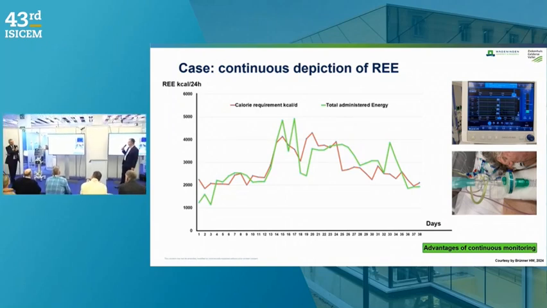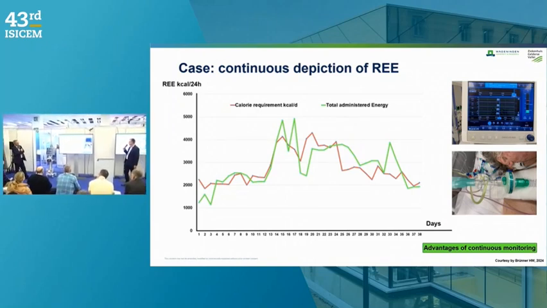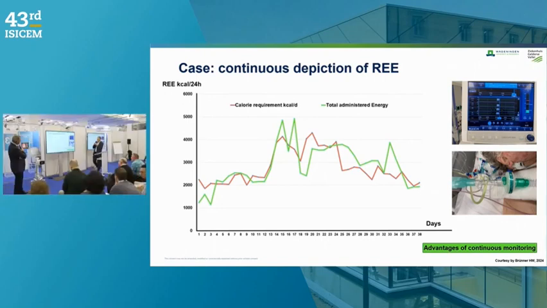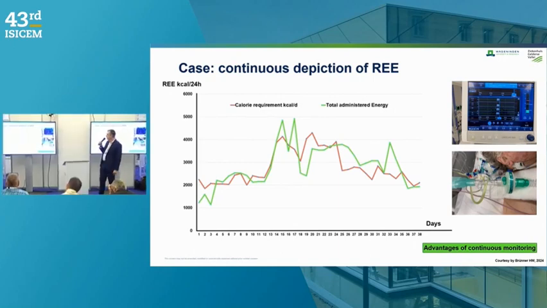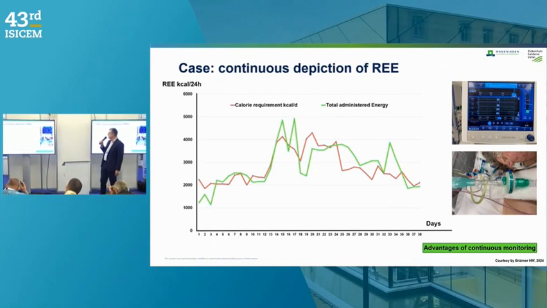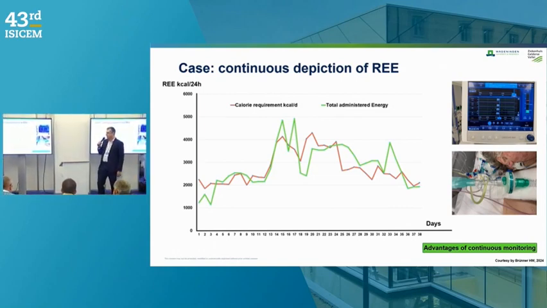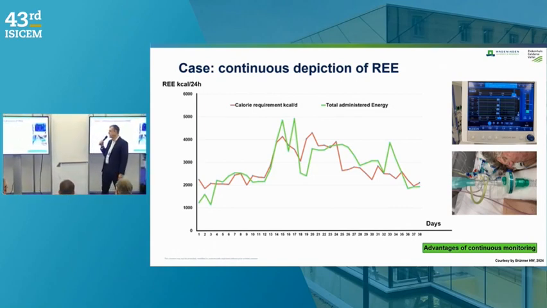Yes. Sometimes you see an overshoot. This was a communication problem with our nurses, but I think in most times we get the goal to give him the energy he needed.